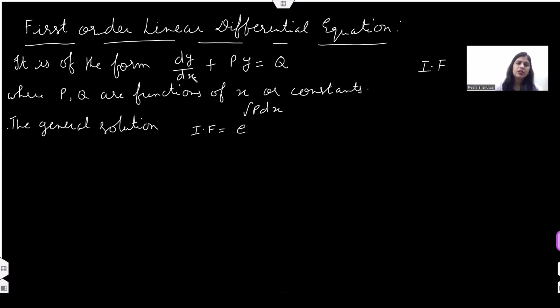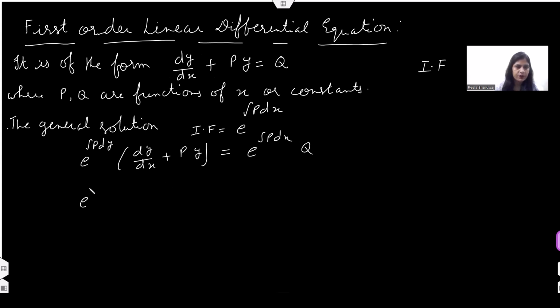The left hand side becomes the exact derivative of some function. After getting the exact derivative, we can integrate both sides and easily obtain the solution. So you can see here, if I multiply this equation with this integrating factor on both sides, then I get this.